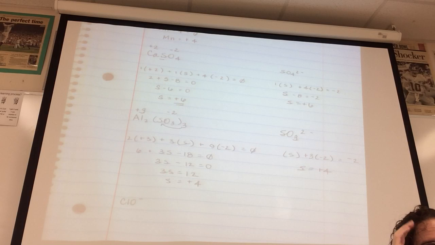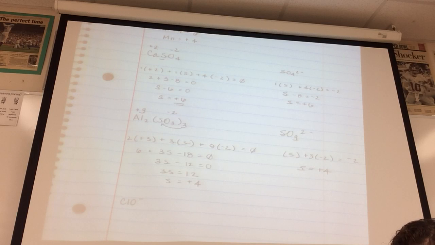Now, fluorine can only be -1, but chlorine, bromine, and iodine can have multiple oxidation numbers. Oxygen is either -2 or typically -1 if you have a peroxide, but below that, sulfur, selenium, tellurium, those have multiple oxidation numbers.